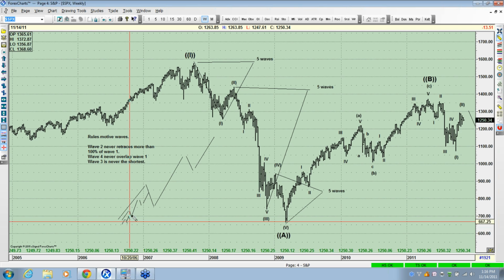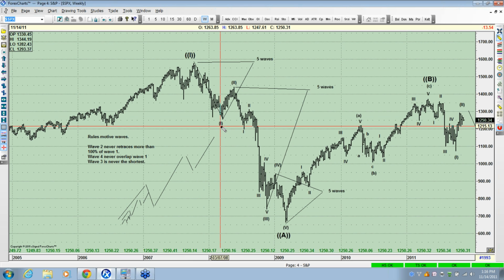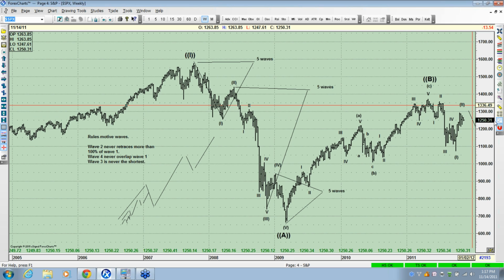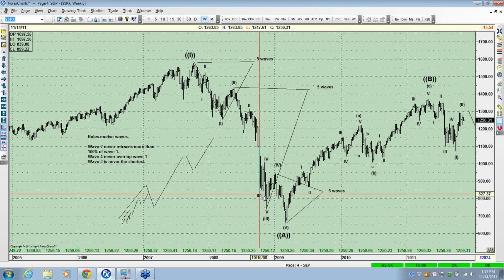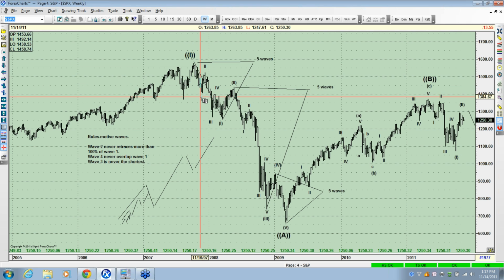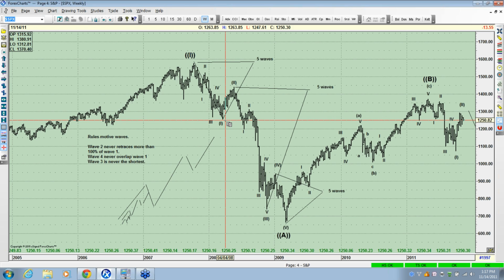Having said that, what I'm trying to explain is that what is labeled 1 right here can be subdivided also in different 5 waves. Like here, you can see this, right? And then if you go in small degrees, right here and right here and right here, you're going to get another 5 waves.